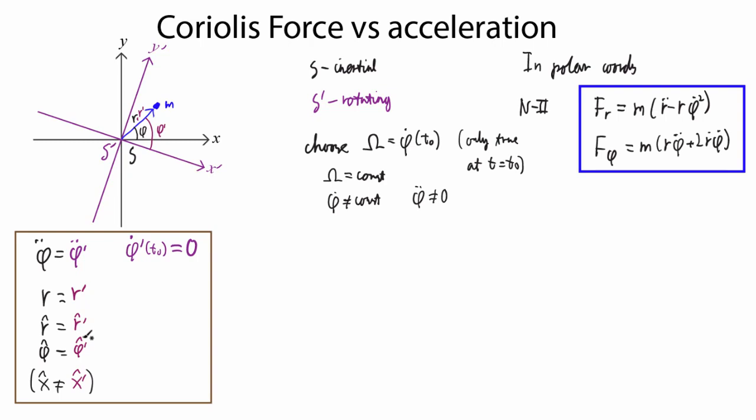Okay, I'm going to drop this color code here because it's a little annoying to keep changing colors back and forth. But what we will have is that in the prime coordinate system, in the rotating coordinate system, we have that the force plus the Coriolis force plus the centrifugal force equals m times the acceleration.